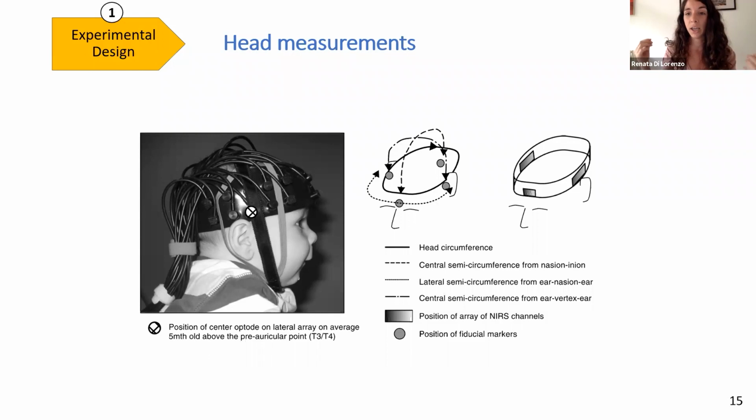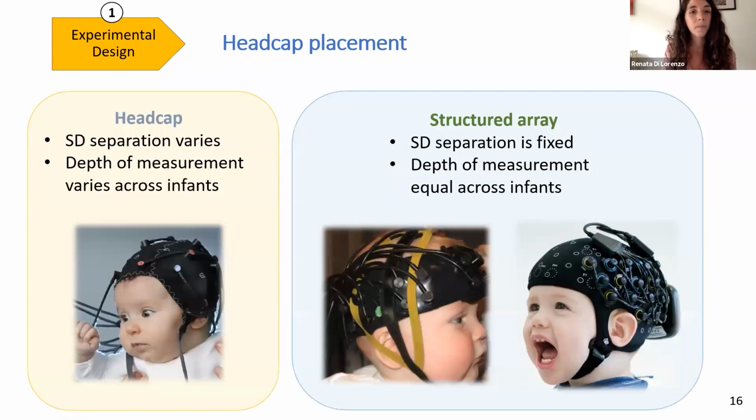What they did is to take as the reference point a 10-20 system from the EEG system, and place the cap in the same way, so you will be consistent across infants. That's very important, because if you don't keep such consistency, then you might have more chances to measure different areas from different babies. So that's one thing to remember.